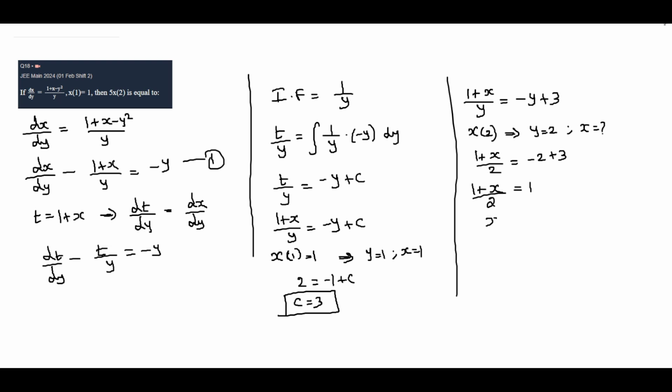So x equal to 2 minus 1, that is 1. So 5 times x of 2 is equal to 5 times 1, that is 5. Okay, next question.